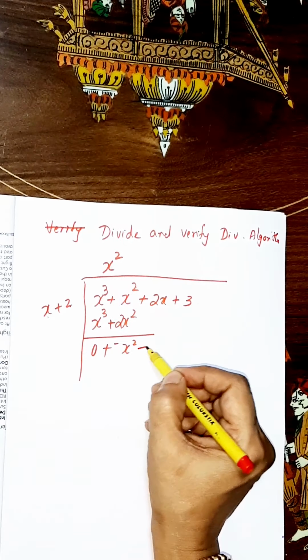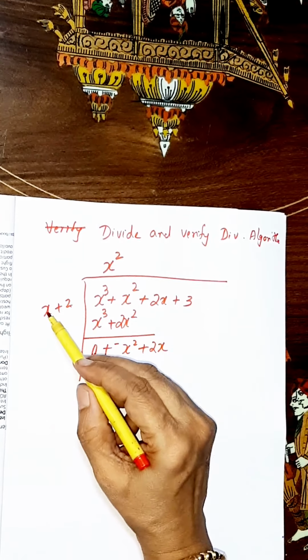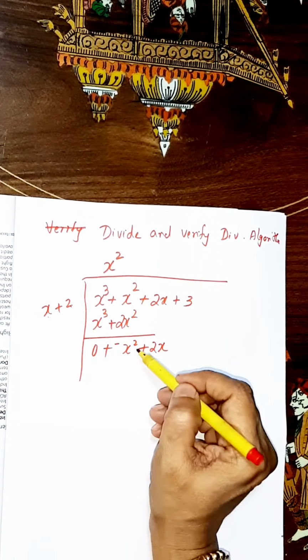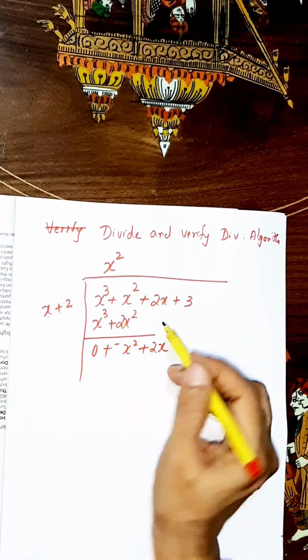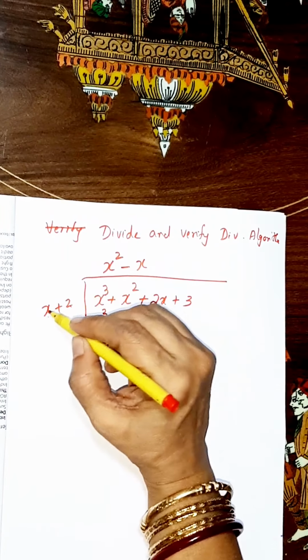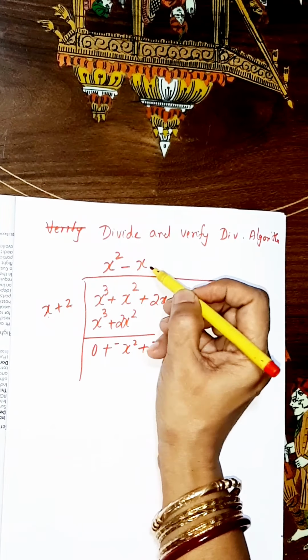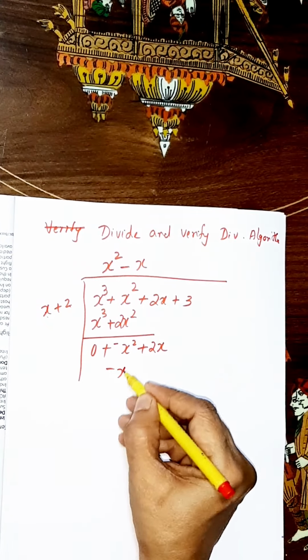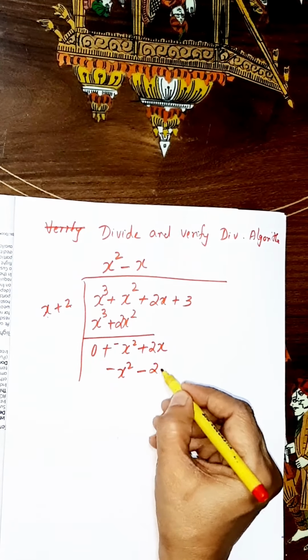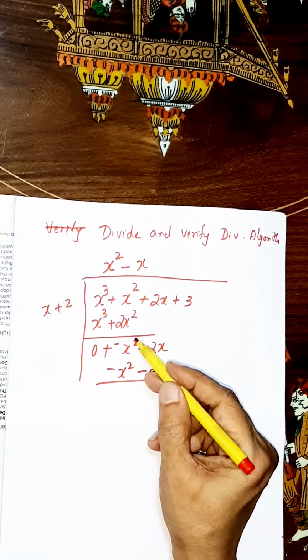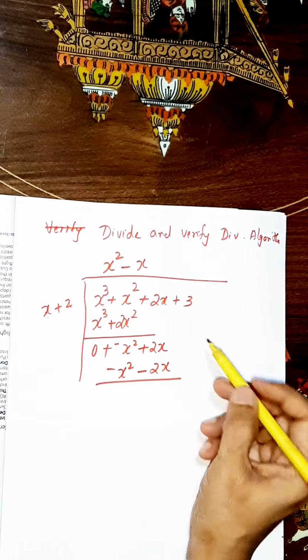Then we bring this down. Now with x you multiply some variable so that you get minus x squared. That is minus x; x times minus x gives minus x squared. Then minus x into 2 becomes minus 2x. Now again subtract, these will get cancelled.